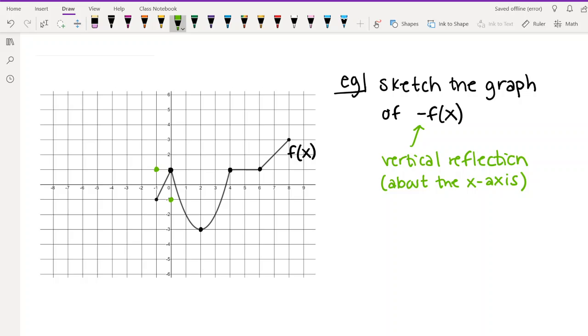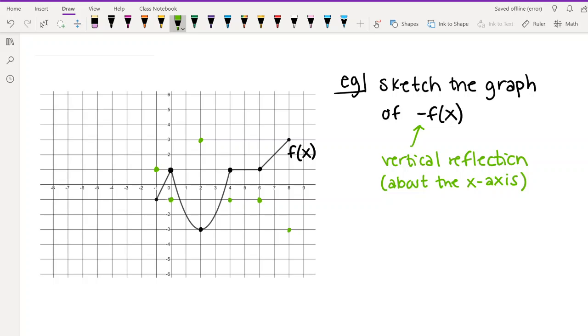That should become 2, +3. Our next point is 4, 1. We want to make that 4, -1. Our next point is 6, 1, and so we want to make that 6, -1. And then our last point is 8, 3, and so that is going to be 8, -3.